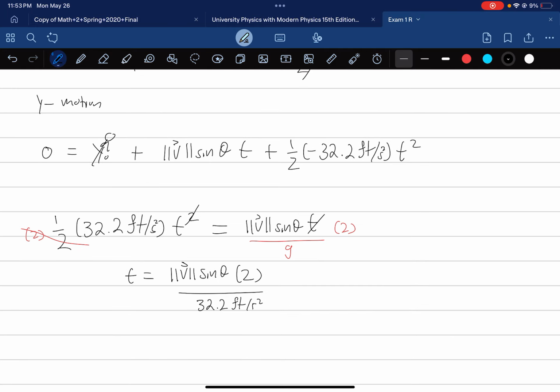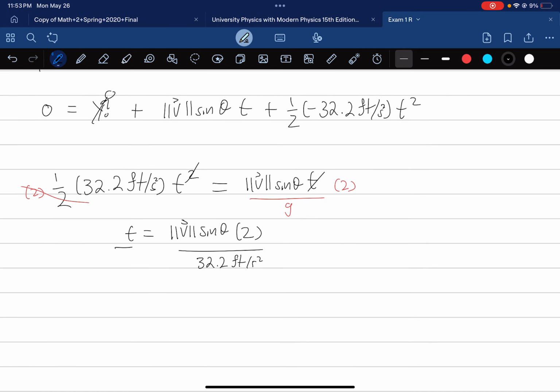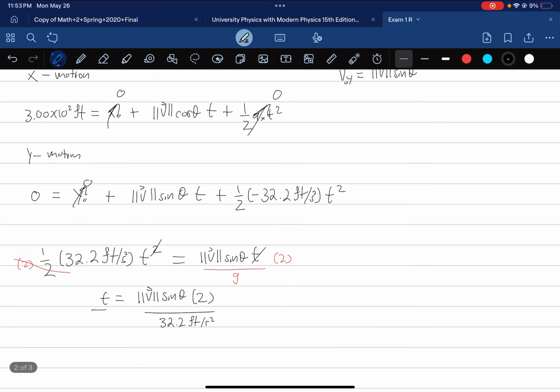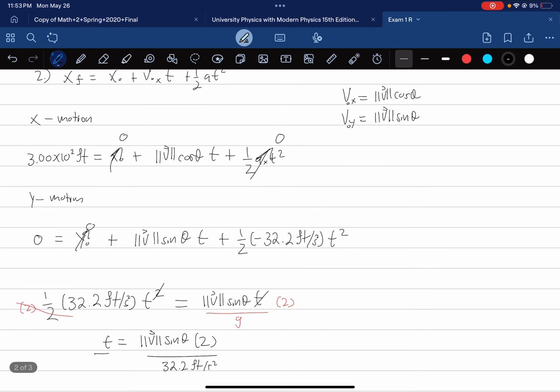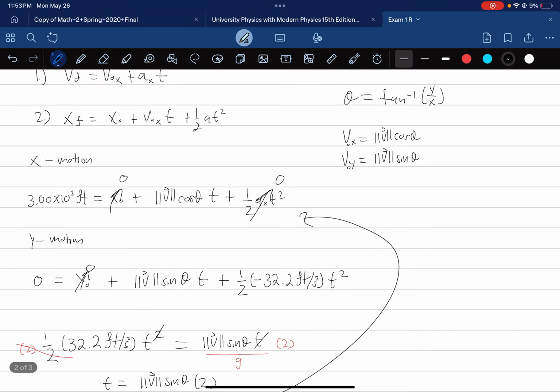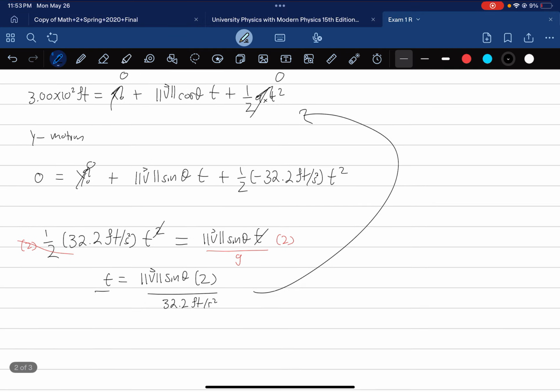Okay, so now we're here. We found our t, we solved for t essentially, and now we can plug this back into our x motion equation, which should be simple.